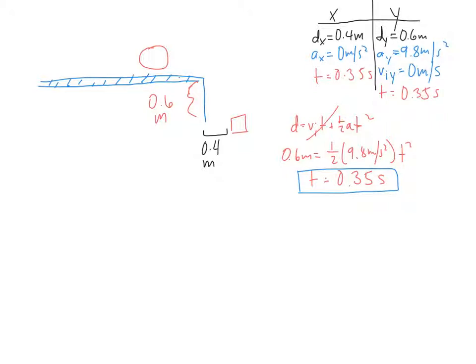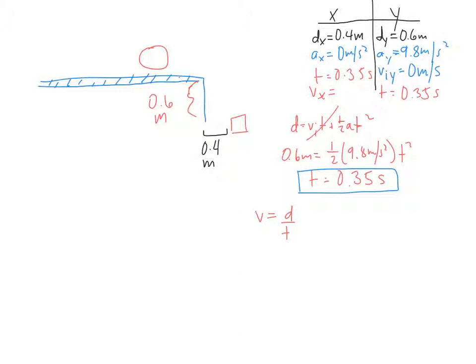After we find the time, now we can find the horizontal velocity, Vx. Looking at our equations, the only equation that fits the bill is v is equal to d over t.